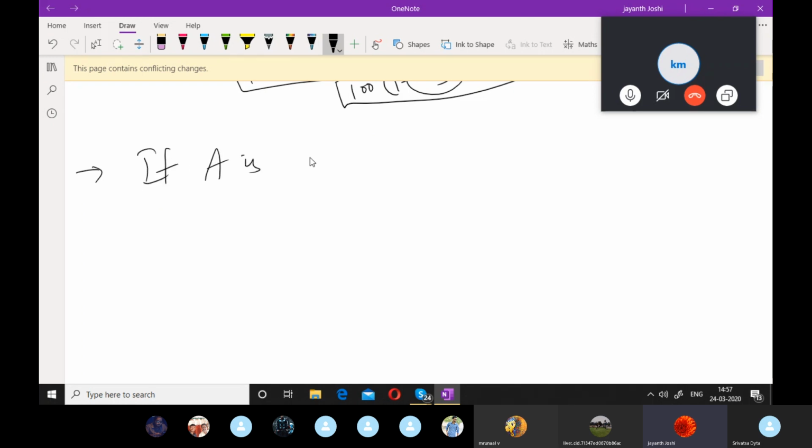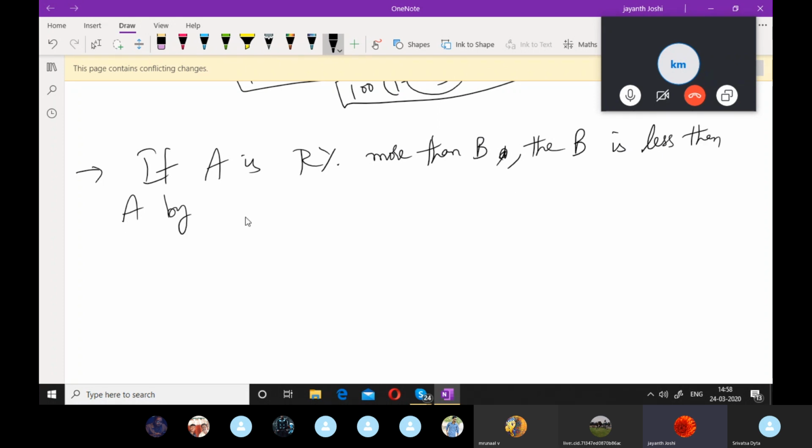If A is R% more than B, then B is less than A by R by (100 plus R) into 100 the whole percent.